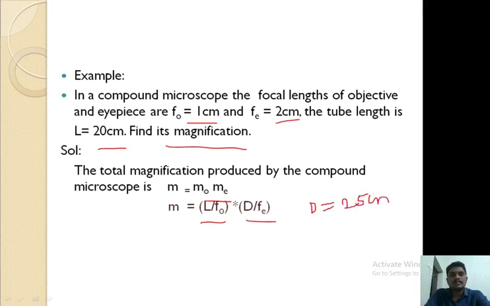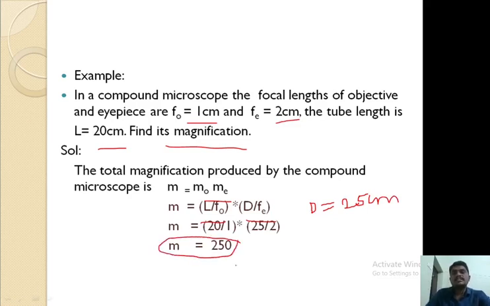Now all are given to us. Simply substituting all the values, I will get a magnification of 250. So here the size of the object is magnified 250 times. Huge magnification. We get huge magnification with the help of this compound microscope.